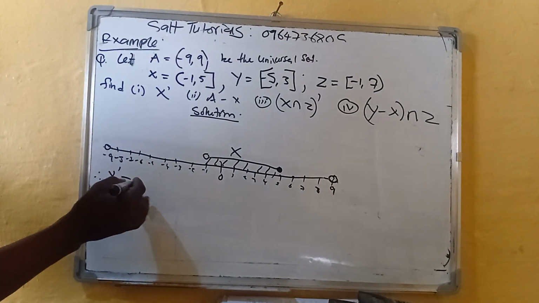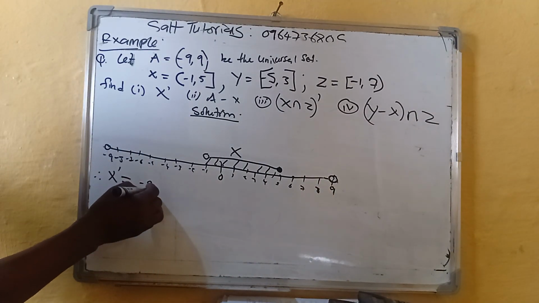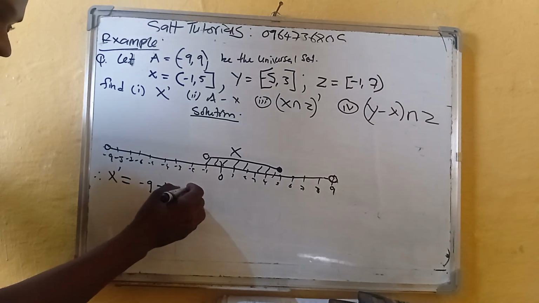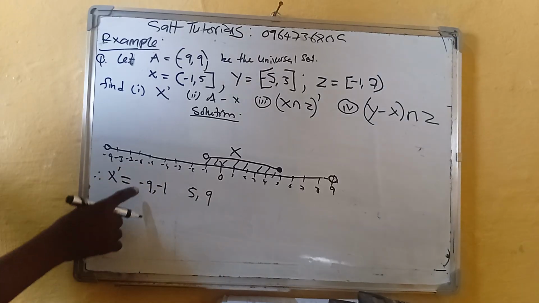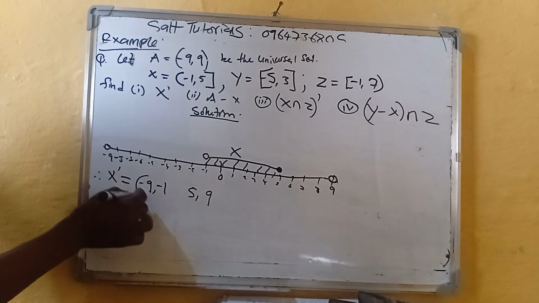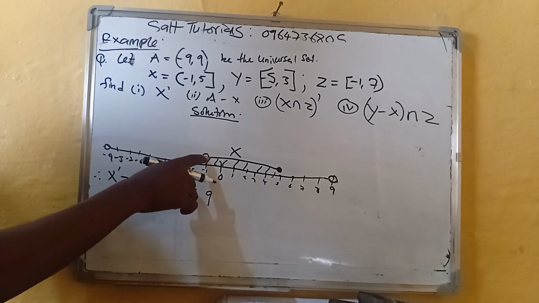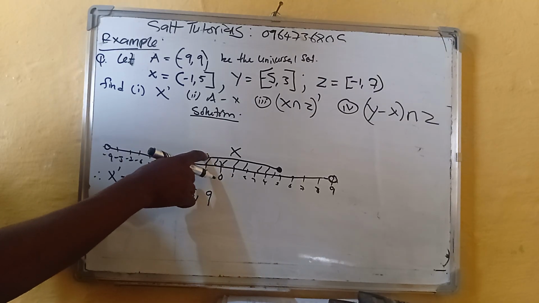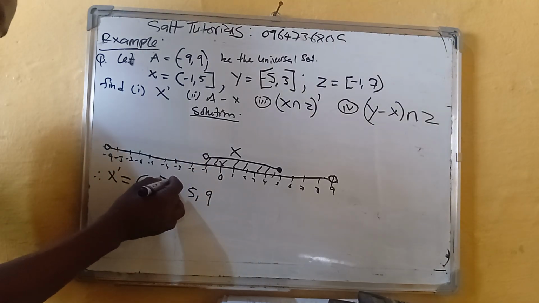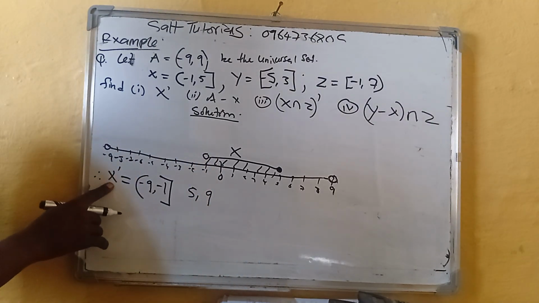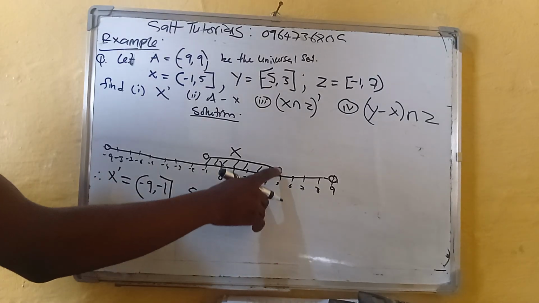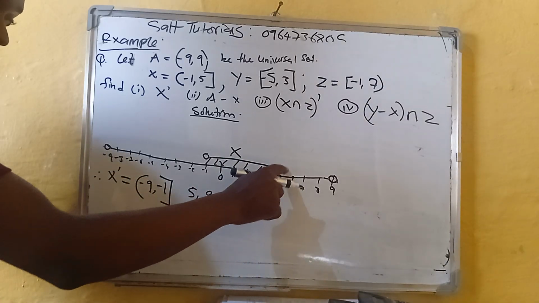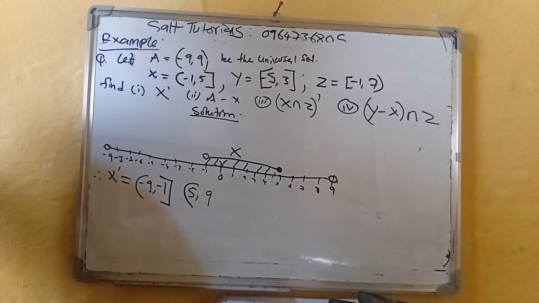So I'm talking about from -9 to -1, and I'm talking about from 5 to 9. -9 here it is still open, but -1 was open in X. So I'm collecting something outside X. It means -1 is outside X, so it will be closed when I'm collecting for the outside of X. 5 is closed in X, it means it is inside X. If I'm collecting something outside X, it will be open there.